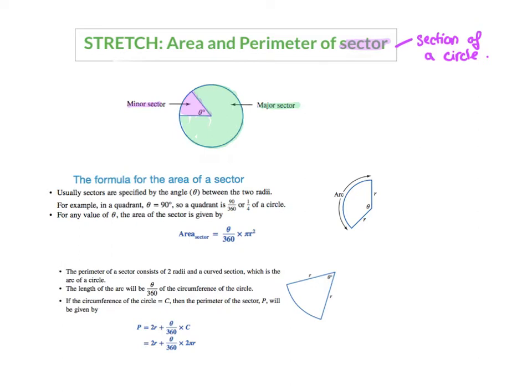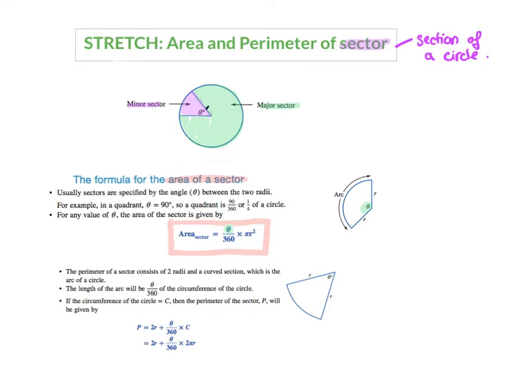Alright, so we are going to use a couple of different formulas. First of all, if we're looking to find the area of a sector, we're going to use this formula here. We can see a few new little symbols. Here they're talking about the angle. You're going to be told how much of the circle you have in terms of degrees.